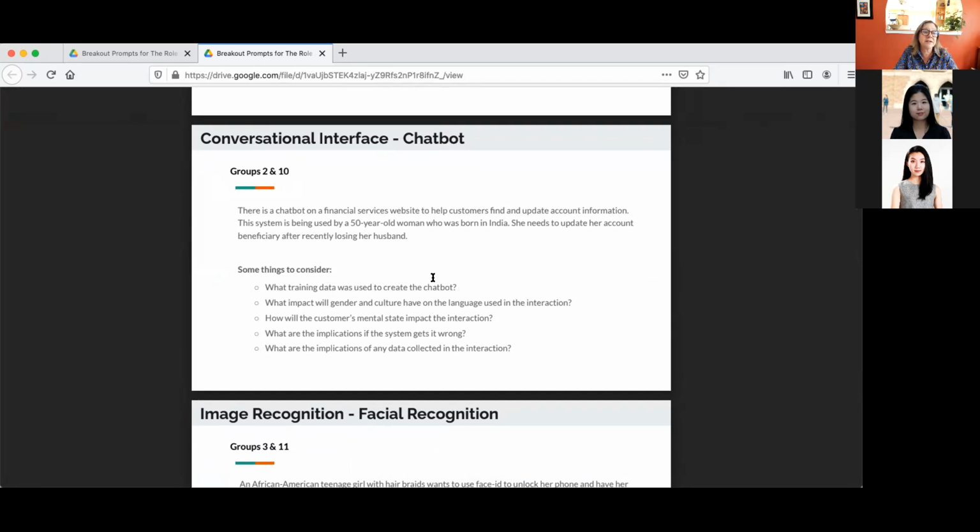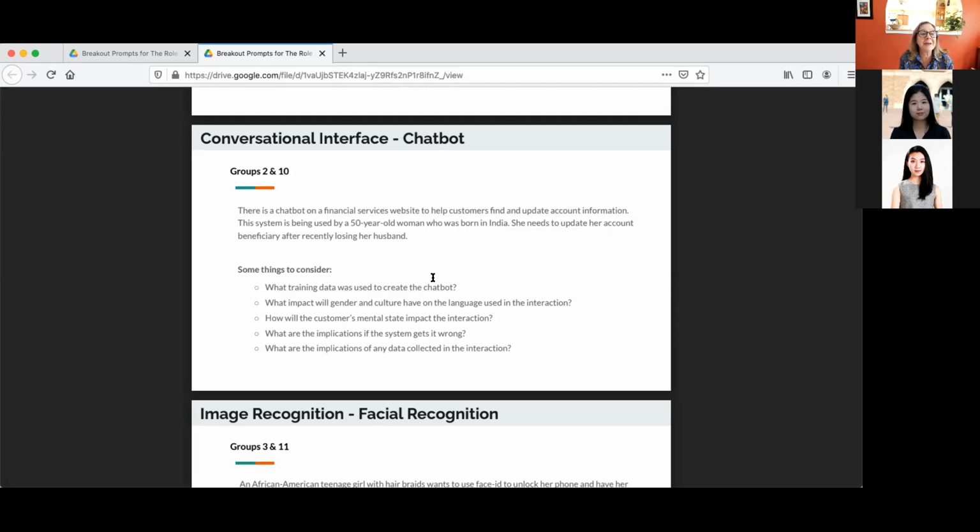So if you think about a chatbot, you think about several things we mentioned, like what kind of training data was used? Do we think there was training data specifically about middle-aged women in India? Let's say it's a global company, so they might be based in the United States or in Europe.